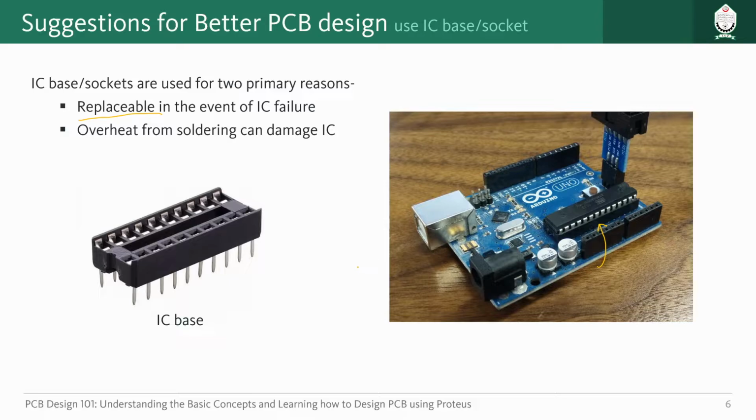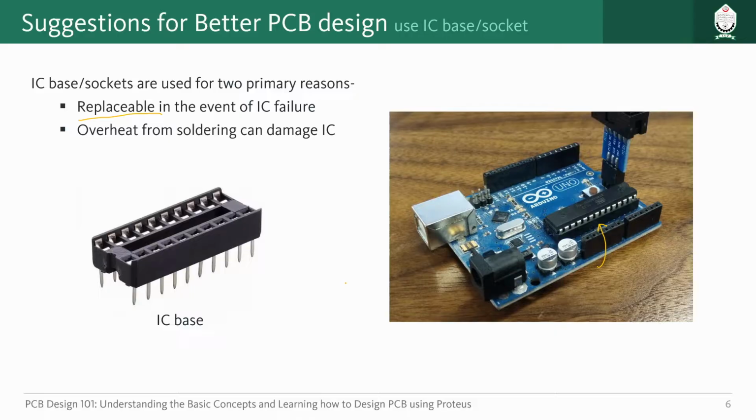So if let's say your IC is not properly working, then you can remove that and replace that with another IC whenever you want. And also another problem when we are directly soldering the ICs onto our PCB is that sometimes when you solder the ICs directly, you may overheat them and damage that.